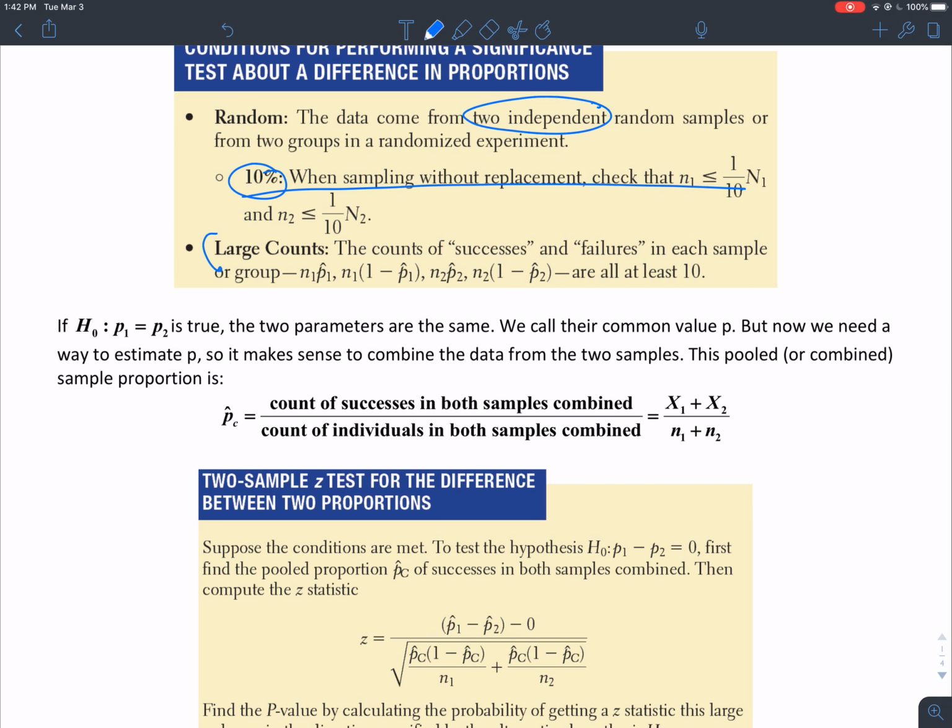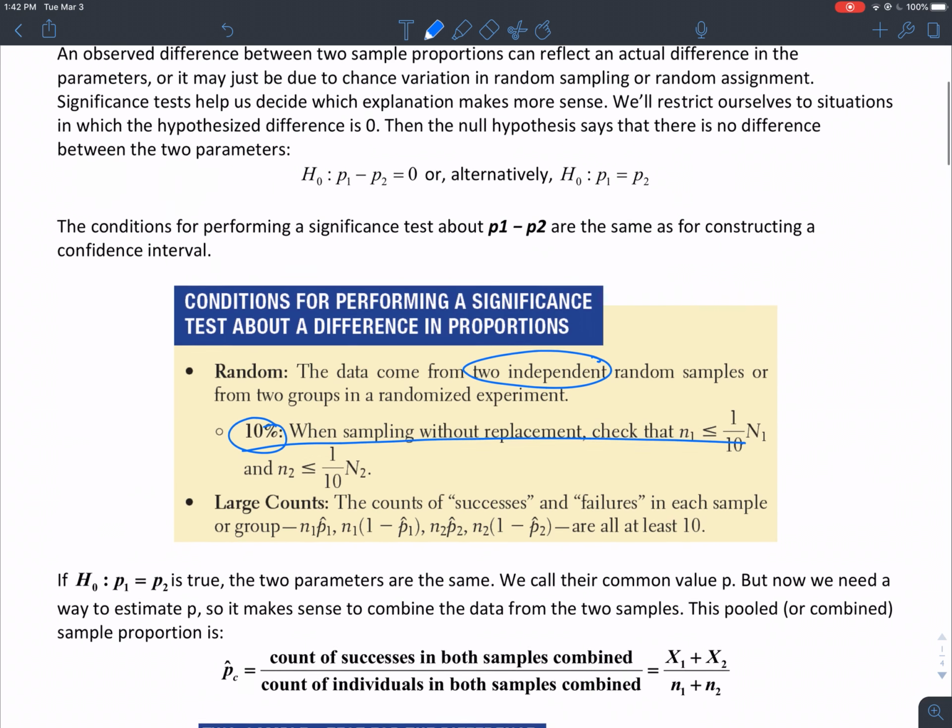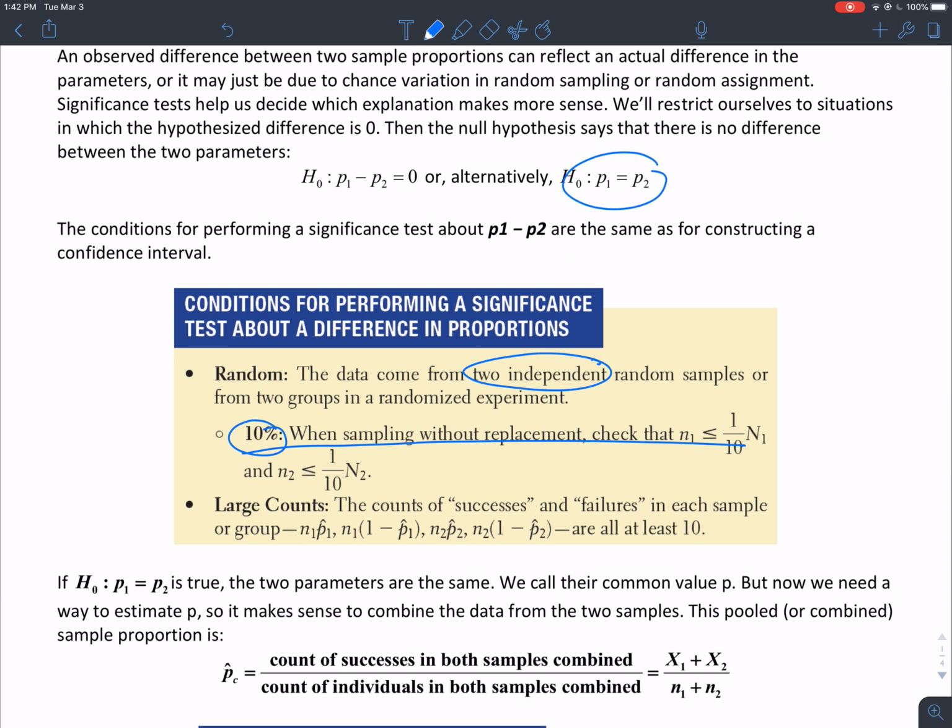This is a bit different from a hypothesis test for a single proportion. When we did a hypothesis test for a single proportion, we used what we called p sub 0 here. But now we're not making a claim about one of the proportions. We're just saying that their difference is nothing, that they're the same. So there's no claim for what P2 is. We're just saying that P1 minus P2 is 0.